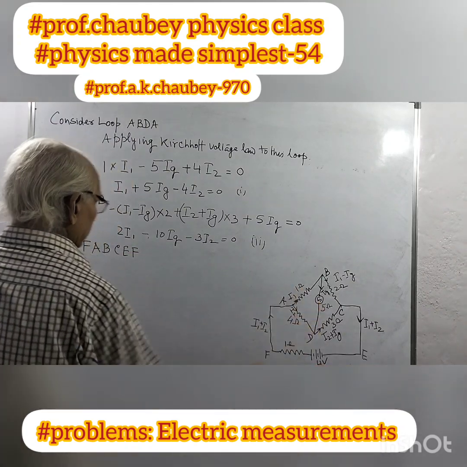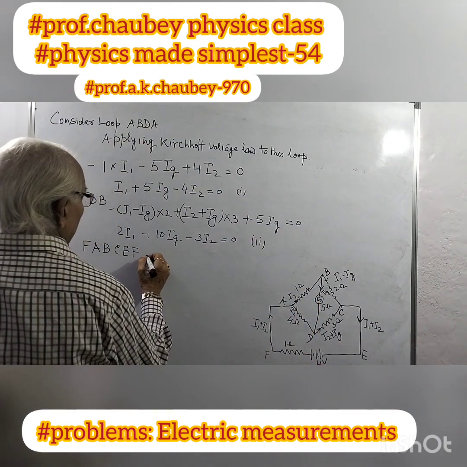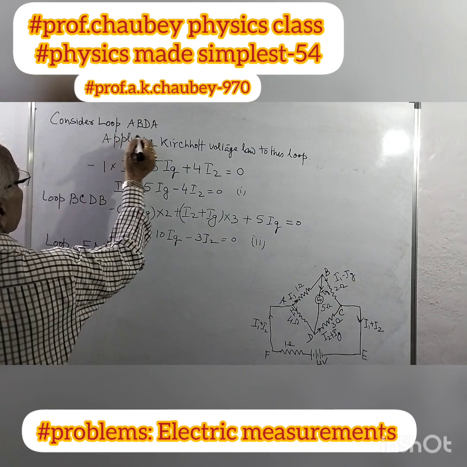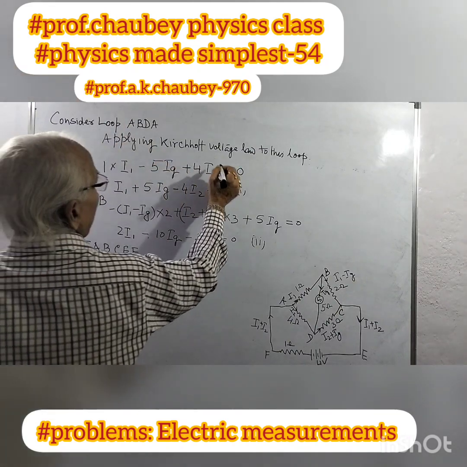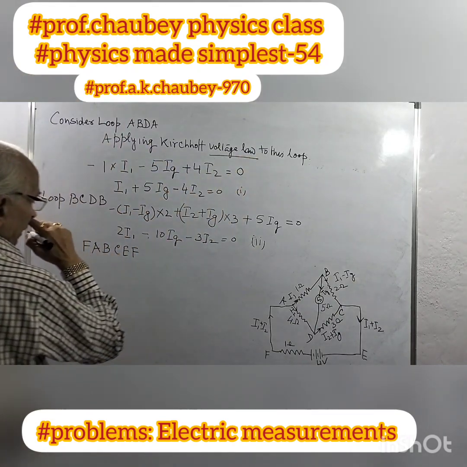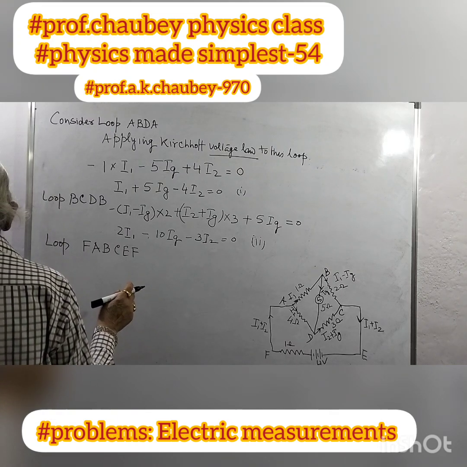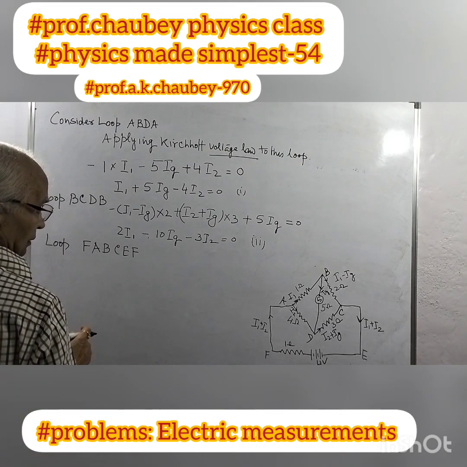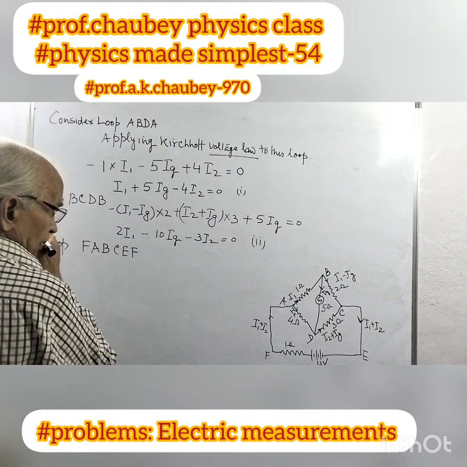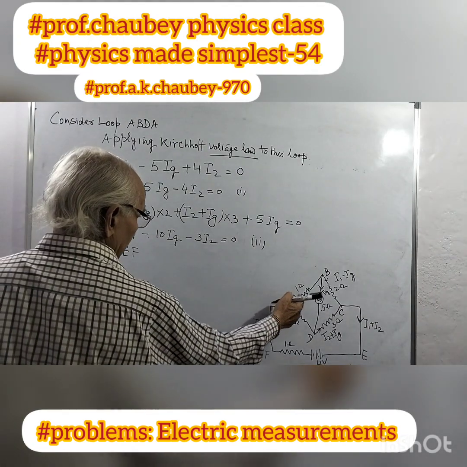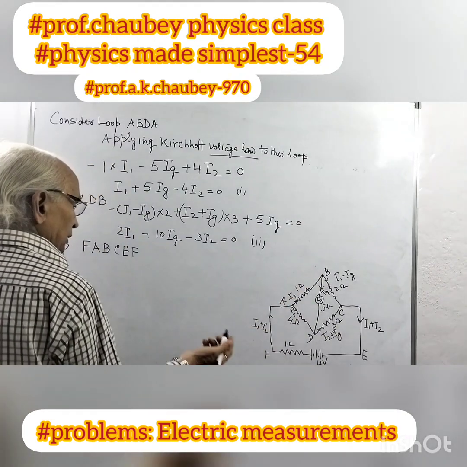For this loop, write the voltage equation. Same, we are considering a different loop and we are writing only the voltage law so far. The voltage law for this: minus I1 into 1, for this current I1 here. It is clockwise, so I am taking minus.